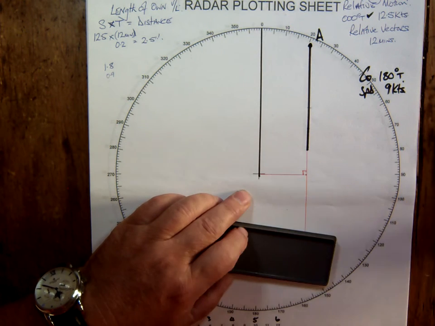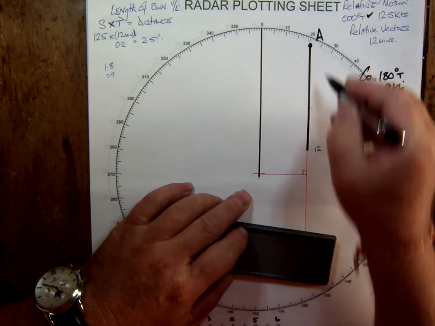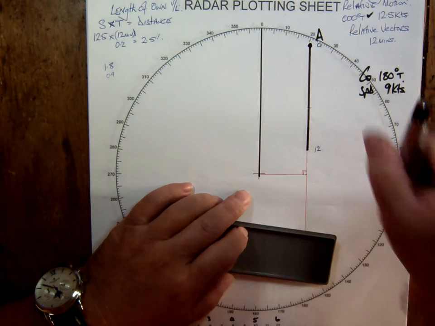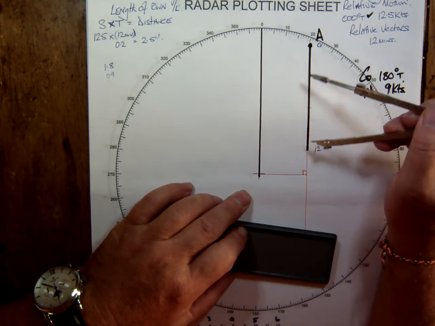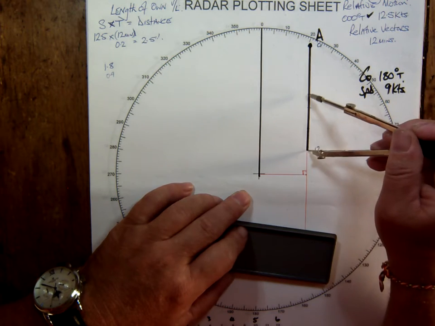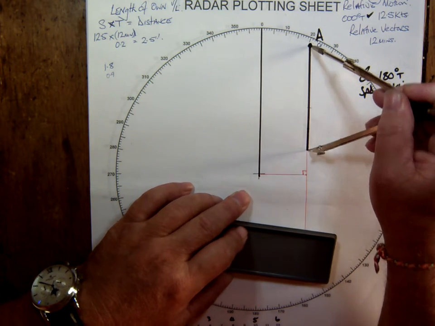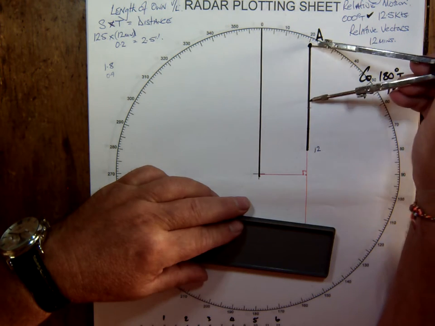Let's look at this. This is 12 minutes. This is 0. So if that's 12 minutes, that's going to be 4.5. 4.5, I take it to 2.25. Okay. So there she would have been in 6 minutes.